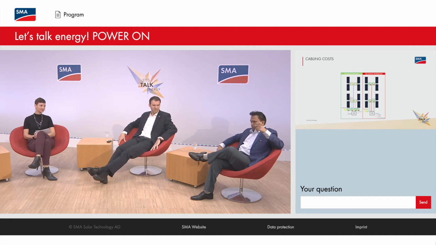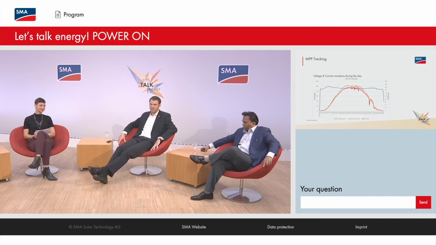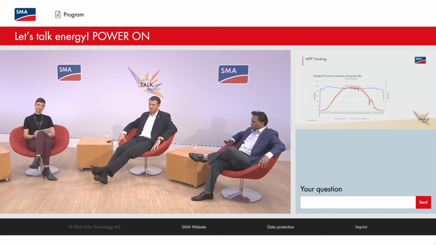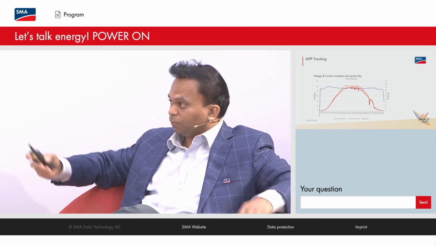So 3 lives and 1 neutral. This increases the cost a lot. In one case, a study that we did proved that it's 8 to 10% more expensive than a central architecture. So those are important savings for the clients.